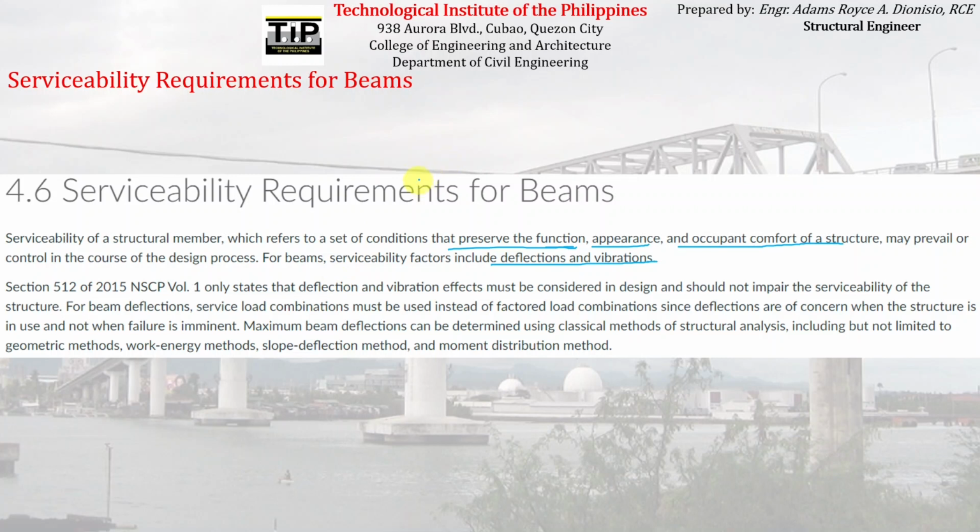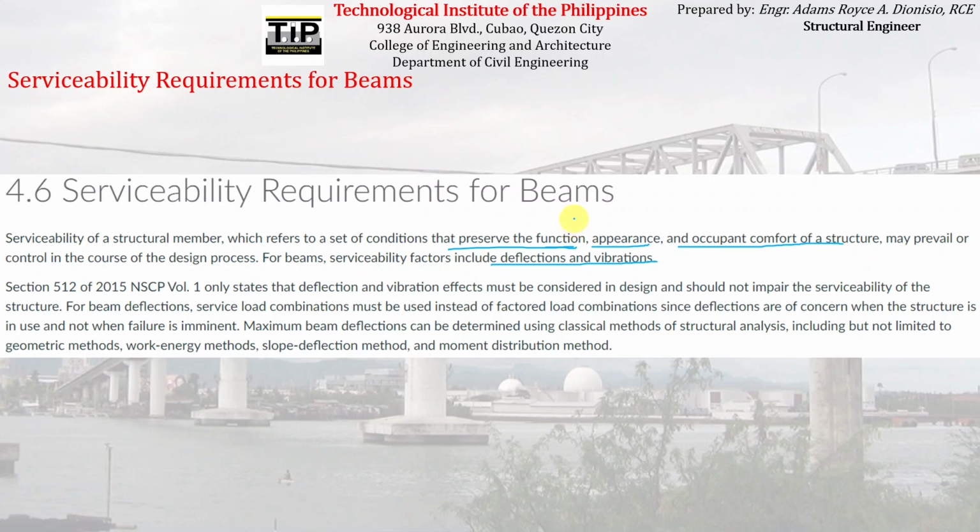When we say the structure is still serviceable, it just means that the structure still satisfies a certain set of criteria to provide the service that is actually expected of it.